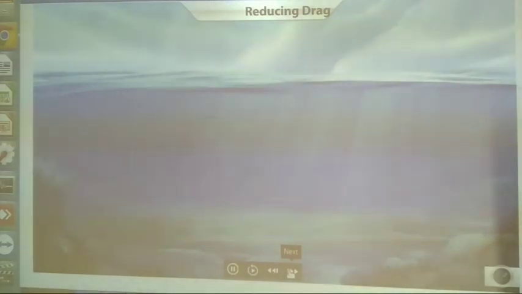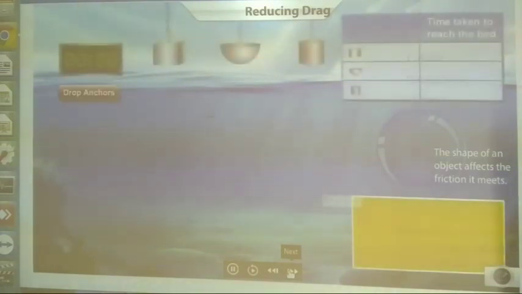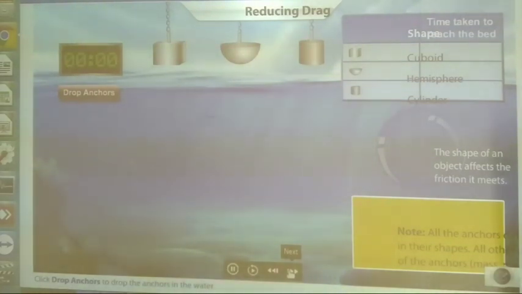As we just saw, the shape of an object affects the friction it meets. Now, let's test some anchor designs for boats to see which shape helps to reduce drag. Click Drop Anchors to drop the anchors in the water. Carefully observe which shape overcomes the drag best and moves fastest.